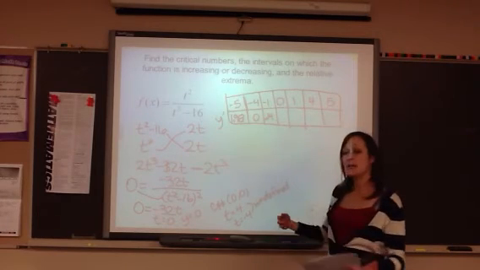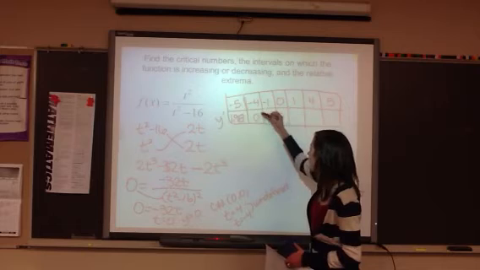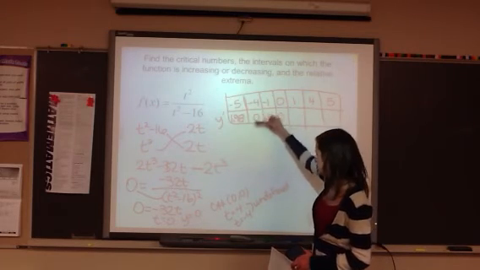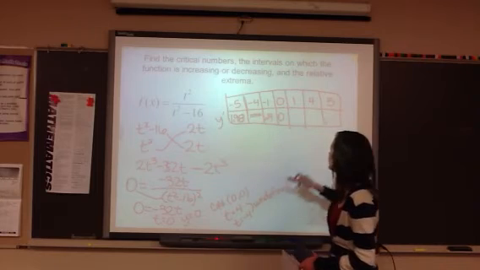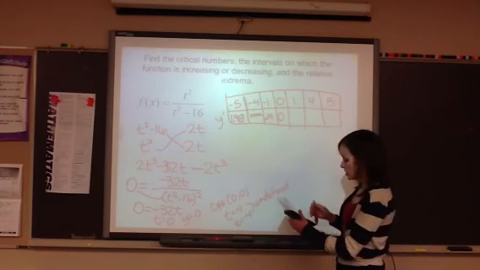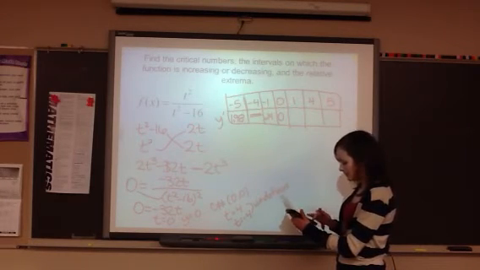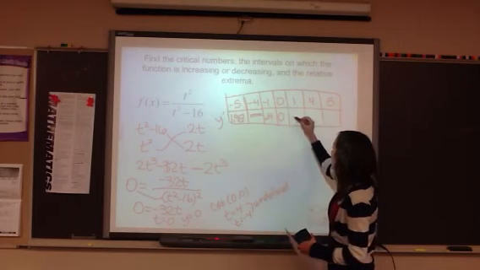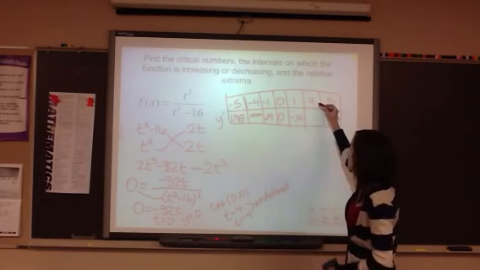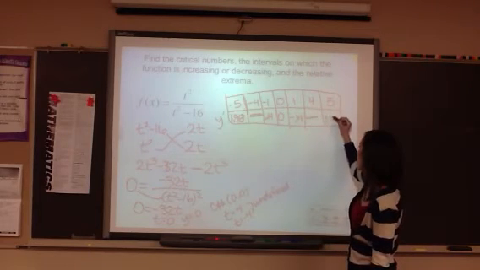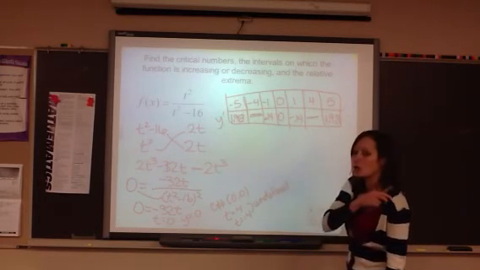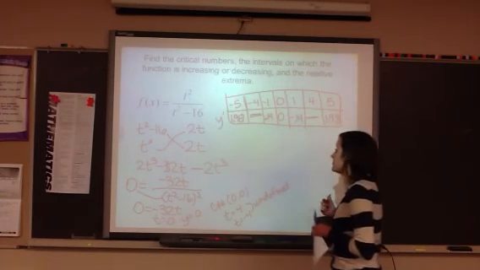When you plug in 0, you get 0. Hey, wait, at -4, you don't get 0, you get undefined. Sorry. When you plug in 1, you get -0.14. When you plug in 4, undefined. When you plug in 5, 1.98. And those all were being plugged into the derivative.